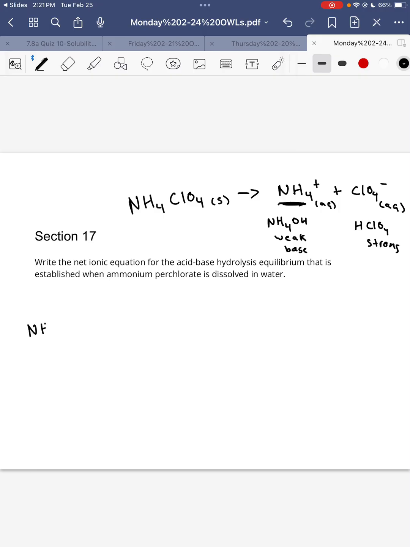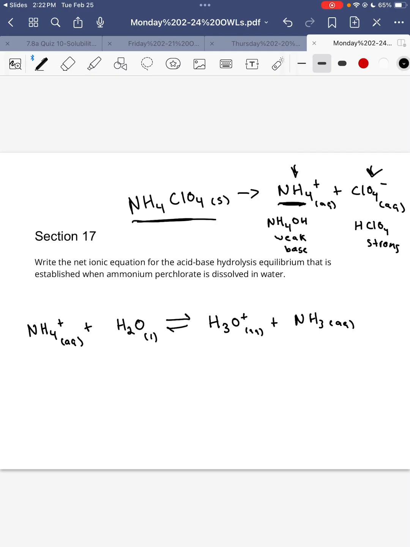So I take my ammonium, NH4+, I add it to water, and that is going to form hydronium, and it's going to form its conjugate base, NH3. I've been forgetting states of matter a lot here. They are important for me to write. So when we dissolve ammonium perchlorate in water, we get ammonium and we get perchlorate.